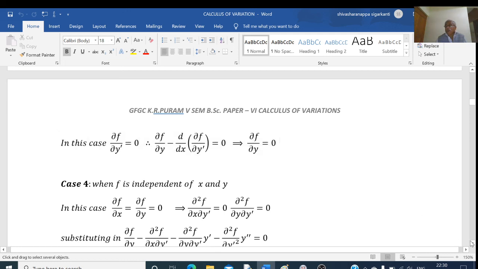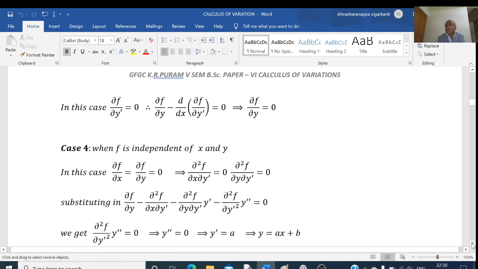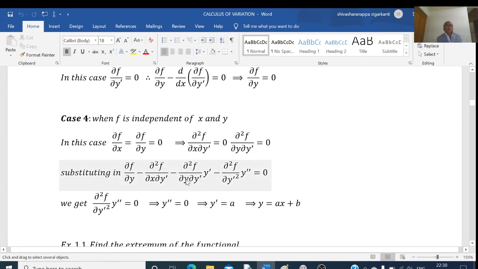Now, what happens if f is independent of both x and y? Then ∂f/∂x = 0 and ∂f/∂y = 0. Differentiating these with respect to y', I am getting ∂²f/∂x∂y' = 0.